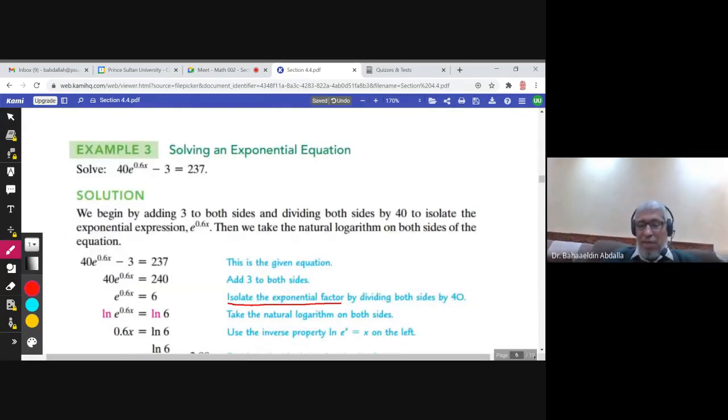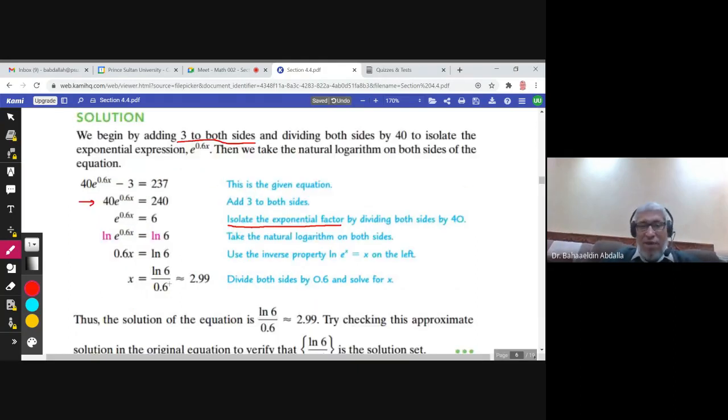Now let us try another example where the exponential expression or factor is not isolated, like here. We begin by adding 3 to both sides to get rid of this 3. So if you add 3 to both sides, you have 237 plus 3, 240. Okay, good. Now you have 40 here, and you have to get rid of this 40.